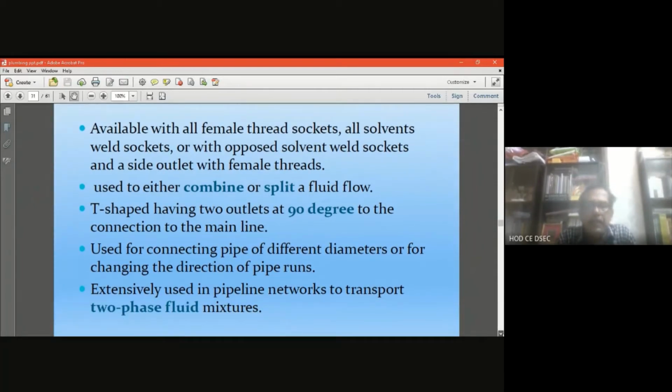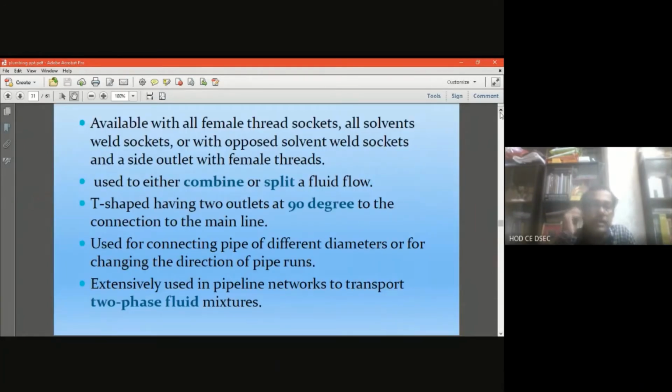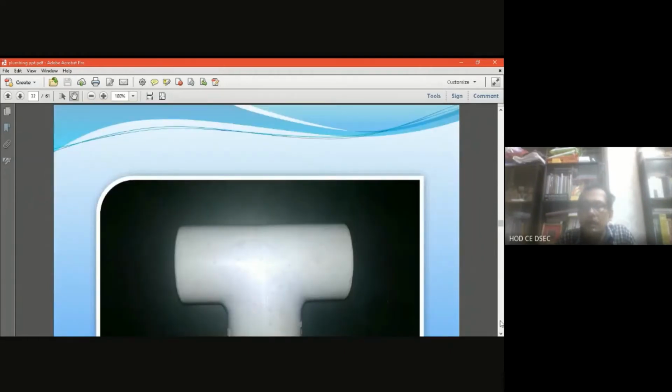Extensively used in pipeline networks to transport two-phase fluid mixtures. So in case of bifurcation of flow, the T joint is used.